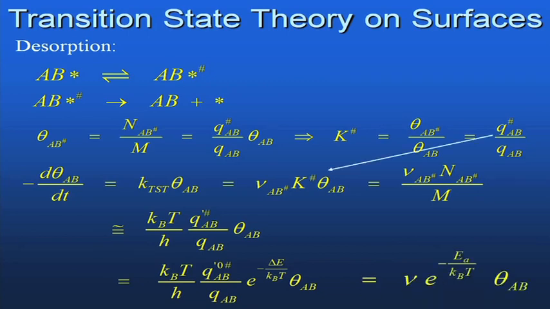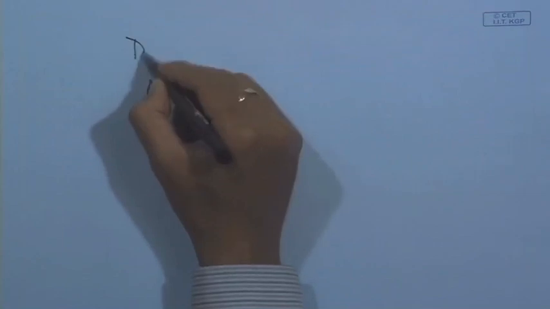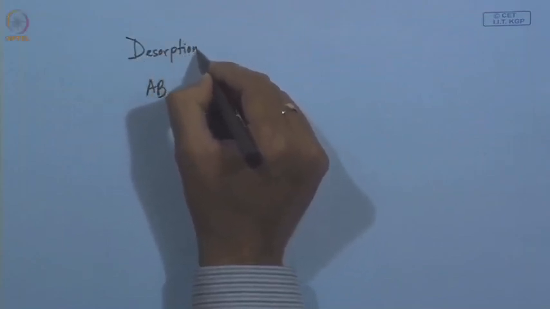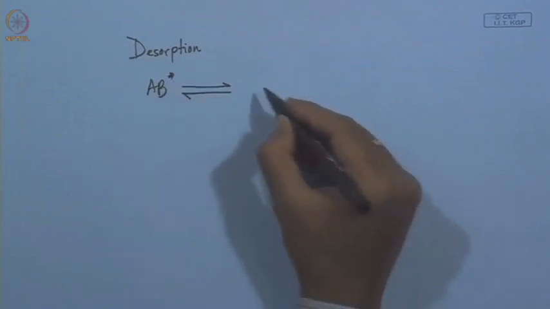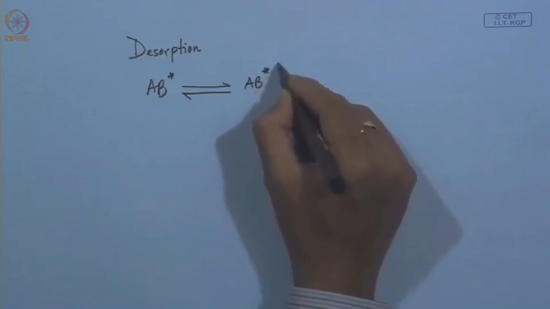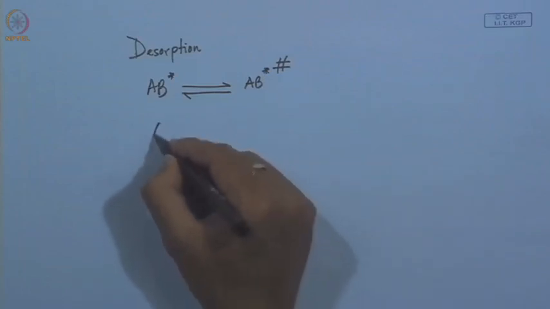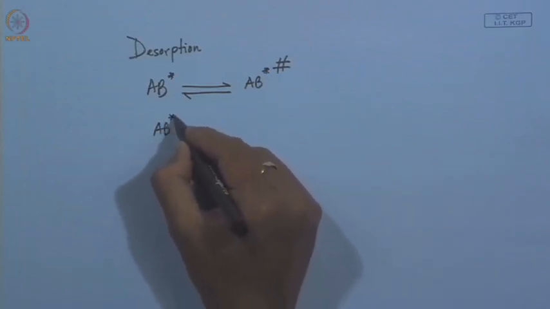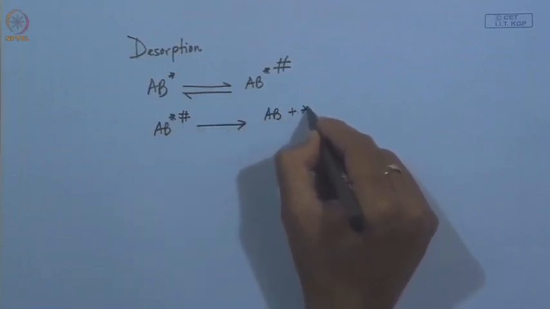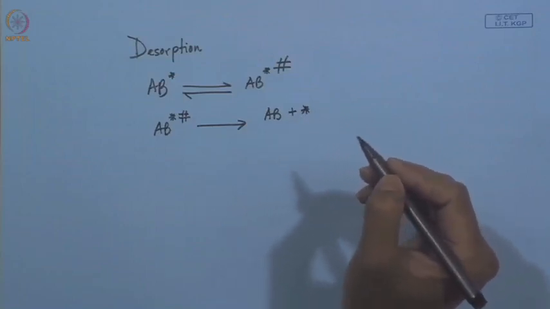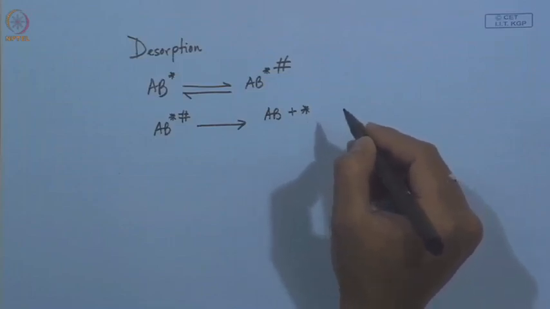So, this is AB star in equilibrium with AB star double dagger, giving rise to AB plus a site that has now become vacant. So, this is purely a desorption process.